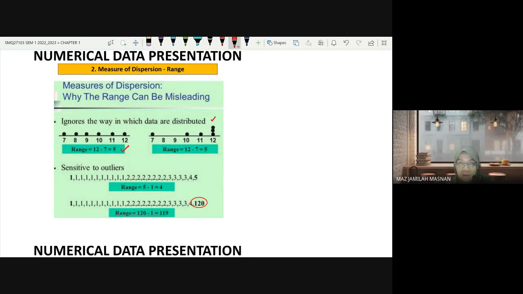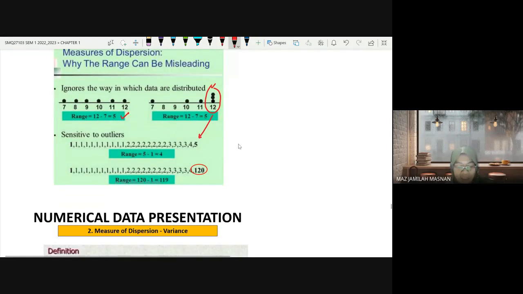So if you plot in terms of the value, the range is still 5 here, and also still 5 here. But the data may not be telling you the truth.